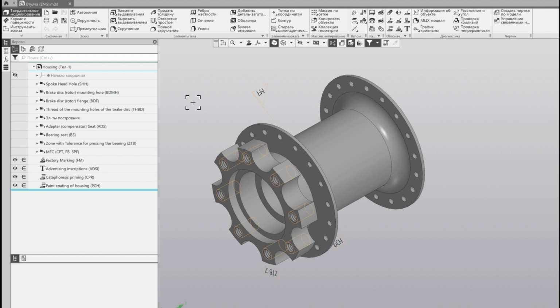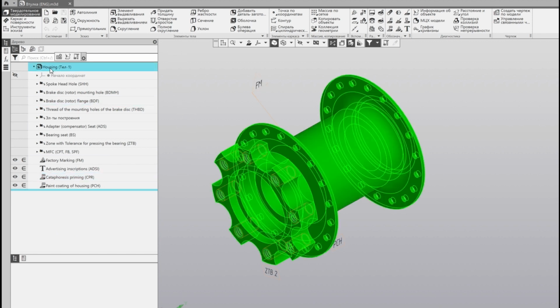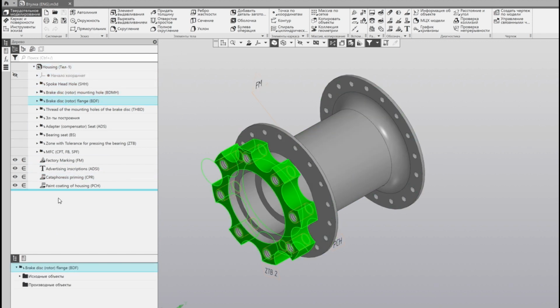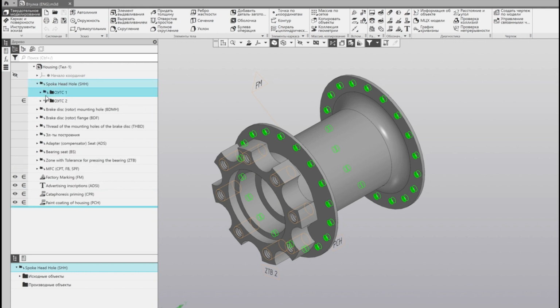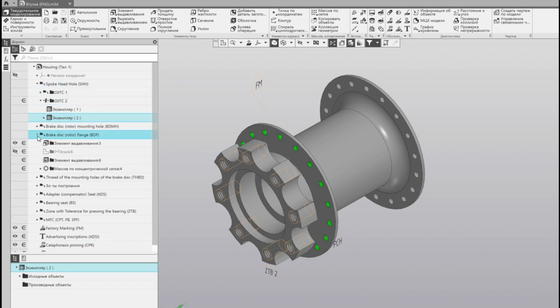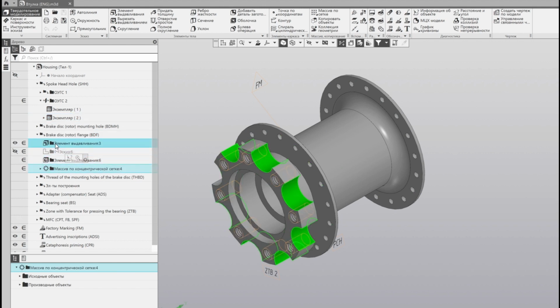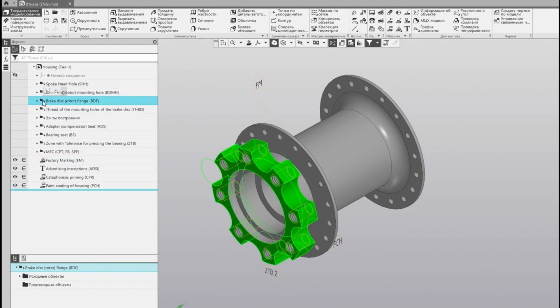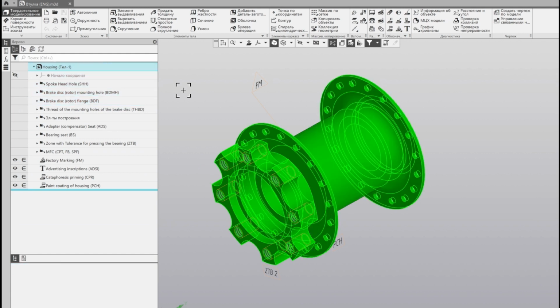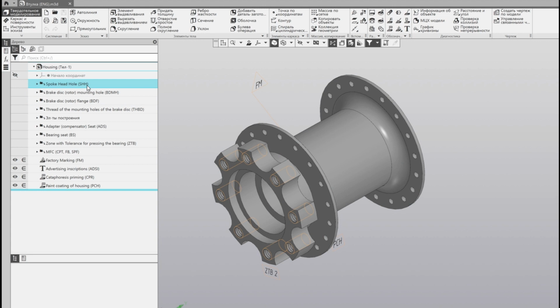For listeners who are not familiar with 3D modeling, we know that the construction tree is located to the left of the 3D model field. This is the construction tree, which contains elements of construction, stretching, subtraction of bodies, rounding, auxiliary geometry, etc. As a rule, this tree either simply corresponds to the order of construction or is ordered according to some principle that the design engineer follows for their own convenience.